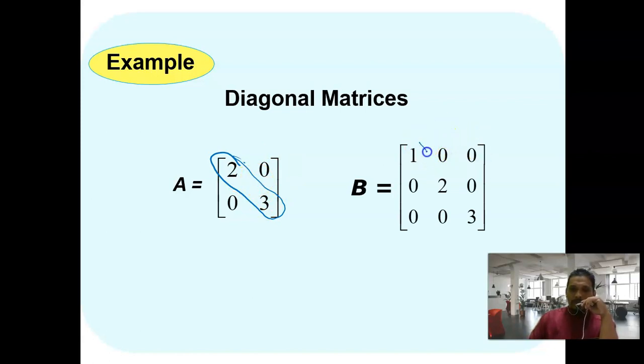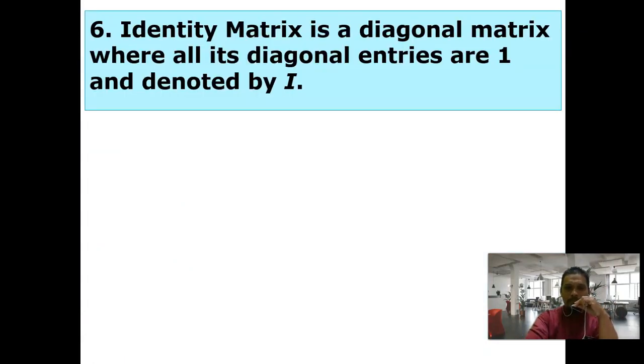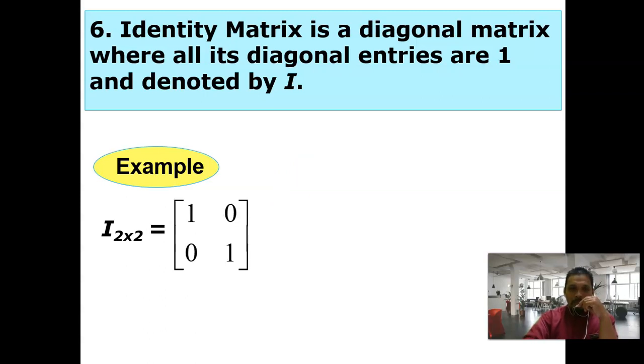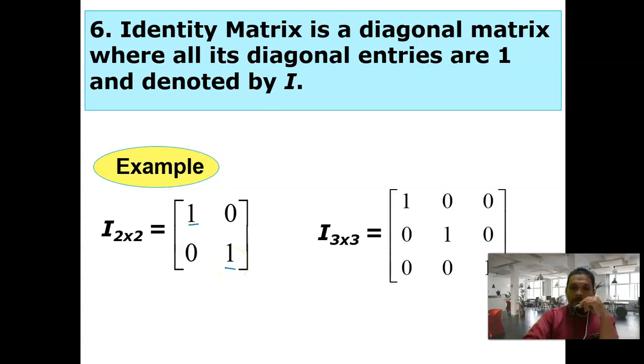And in this one here, 1, 2, and 3 are the elements which are non-zero. Okay, an identity matrix is a diagonal matrix where all diagonal entries are 1, denoted by the capital letter I. The first example here is the identity matrix of 2 times 2, where you can see the zeros here and the diagonal entries are 1.